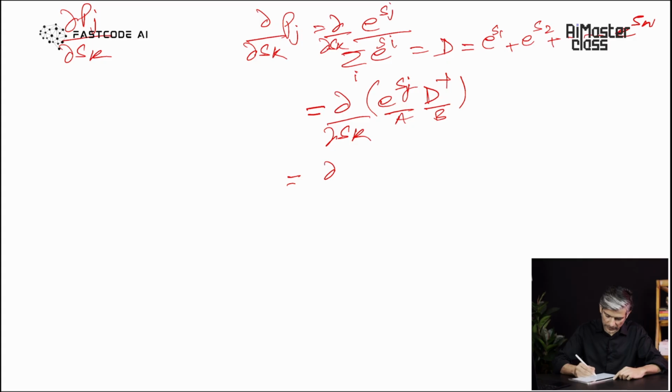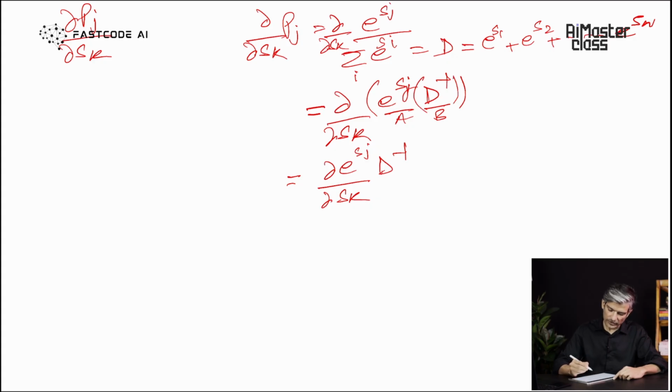So it's the derivative of e to the power sj with respect to sk, and we keep the second one constant. And in the second one, we keep the first one constant, right? So then we differentiate the second one. And so what that means is we need to differentiate this bit.